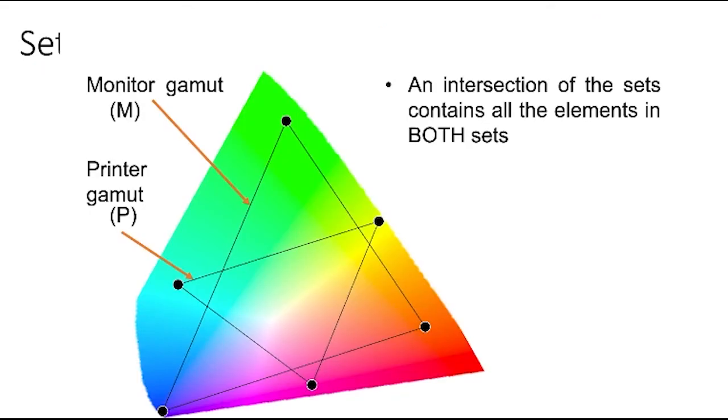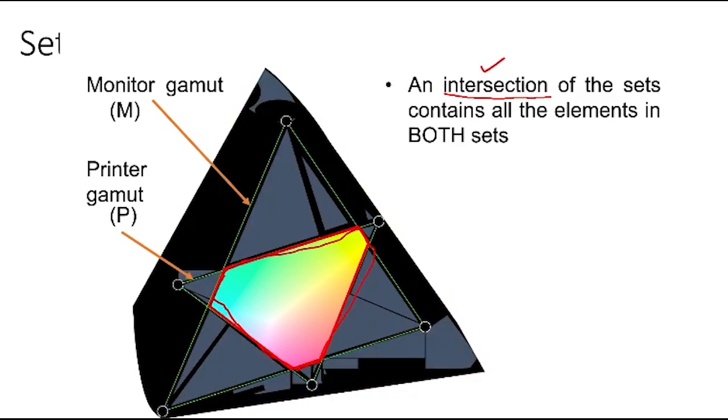The same thing we have to understand for intersection. Intersection means the common part only. You can see the monitor gamut M and printer gamut P, and the common part you get in between, something like this, right? If you need the intersection, only the portion common to both will be your answer.